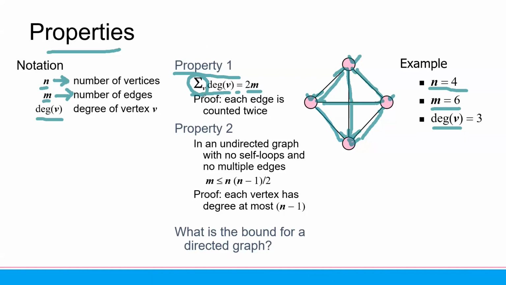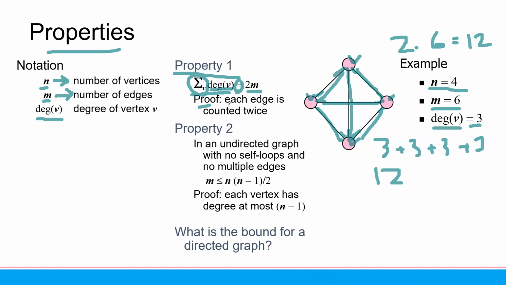For the total degree, we do the summation for every vertex: 3 plus 3 plus 3 plus 3, so it is 12. And it equals 2 multiplied by m. So 2 multiplied by m is 12. Then, yes, it's the same.